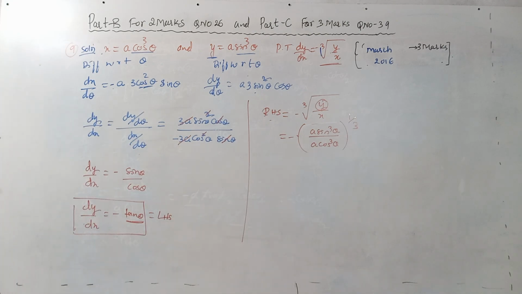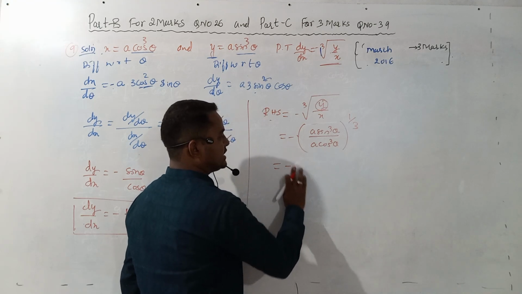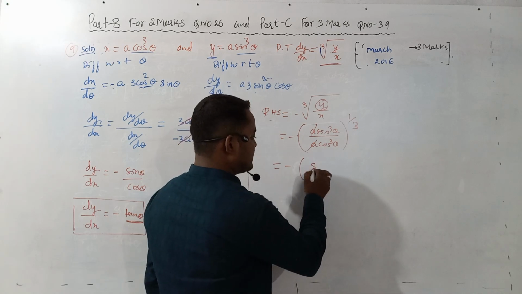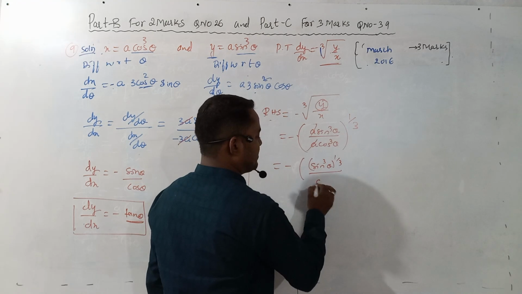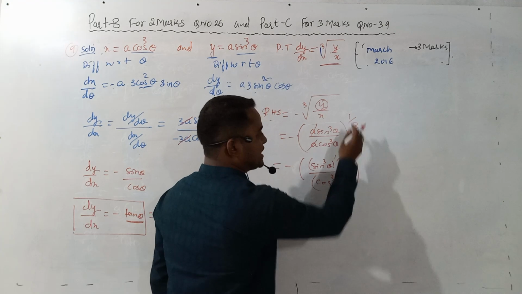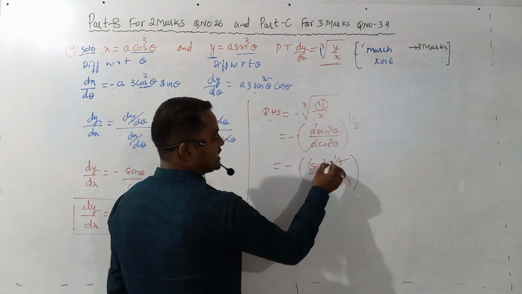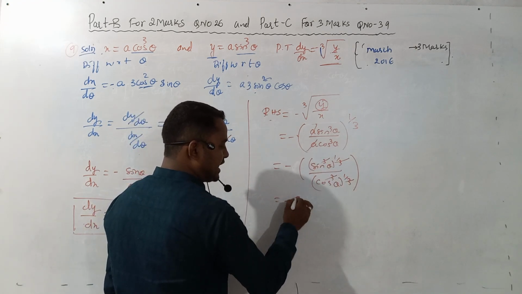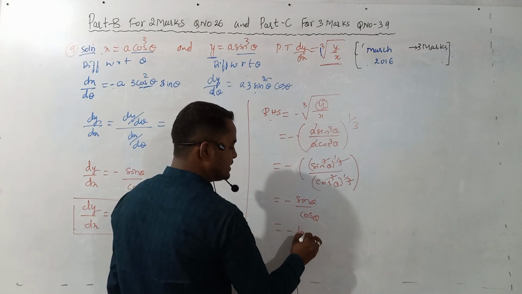The minus sign stays as it is, and the a cancels. I write the power 1 by 3 separately for the numerator and denominator, sin cube theta raised to 1 by 3 divided by cos cube theta raised to 1 by 3, so that the 3 cancels. That is equal to minus sin theta by cos theta, which is minus tan theta.